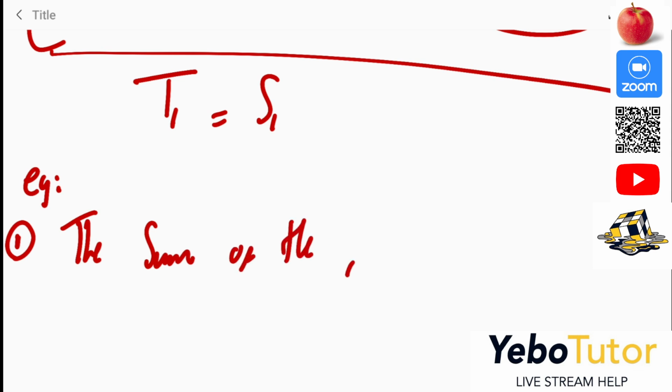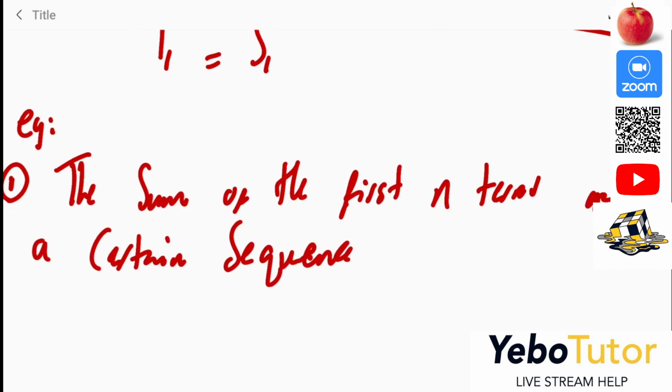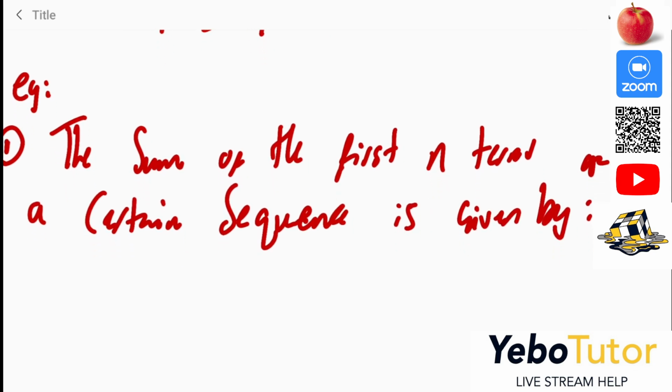Let's say that we are given the sum of the first n terms of a certain sequence. The sum of the first n terms of a certain sequence is given by Sn is equal to 2n squared plus 9n.